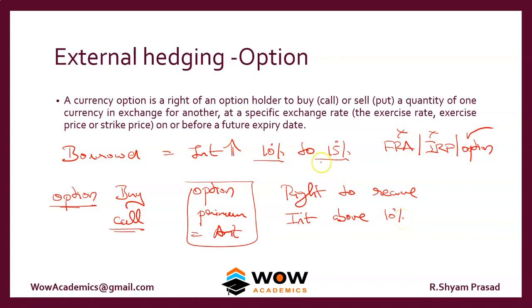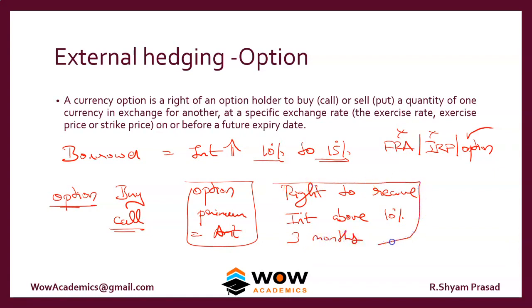So if the interest rate goes to 15%, then you will receive the 5%. If the interest rate goes to 12% in 3 months' time, you will receive the 2% balance. So you have the right to receive interest above 10%, and this is in 3 months' time. This is a 3 months concept.